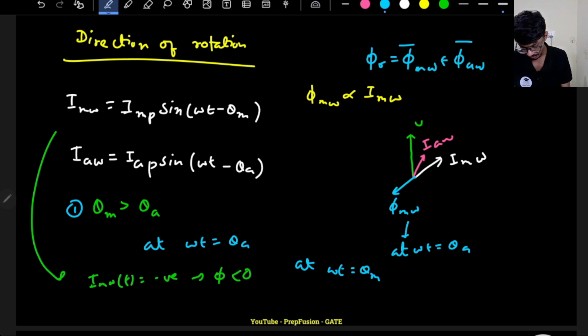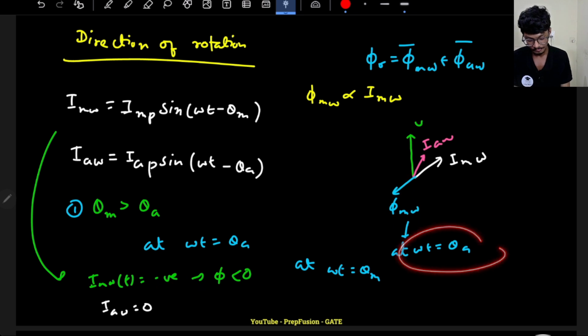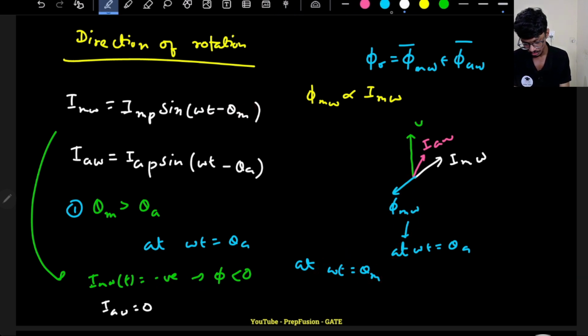Here the main winding current is 0, so the resultant flux is the auxiliary winding flux only. So this is my resultant flux at this instant, and your main field flux is 0.